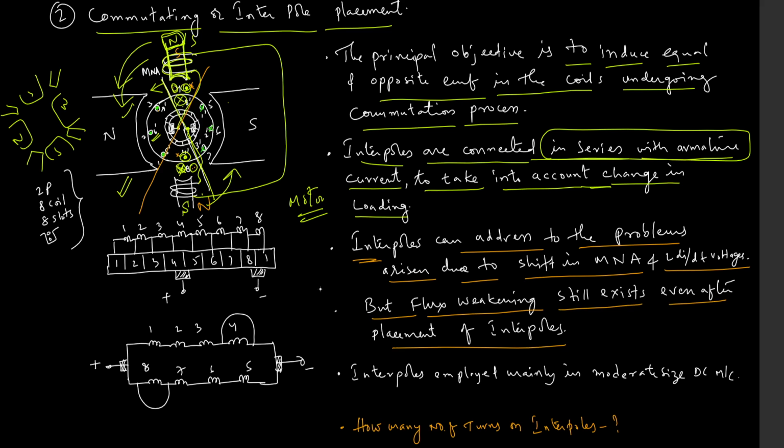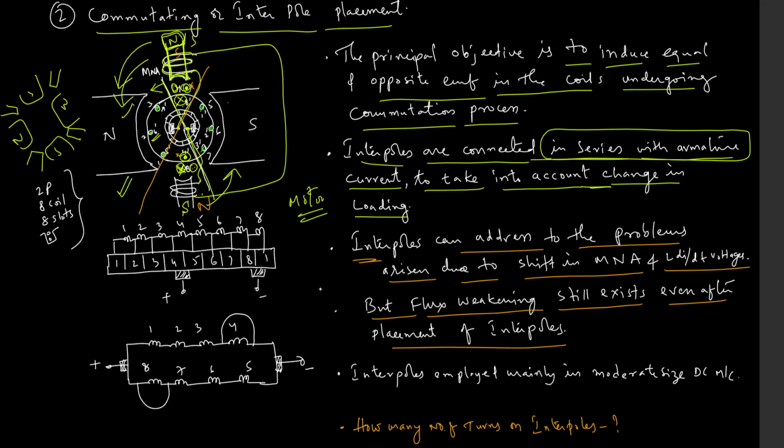Okay, so with interpole placement, I can eliminate to the maximum extent the magnetic neutral axis shift and L di/dt voltages, but the flux weakening or torque reduction problems still exist in generators and in motors respectively. Okay, so for that we have to think of some other alternative.